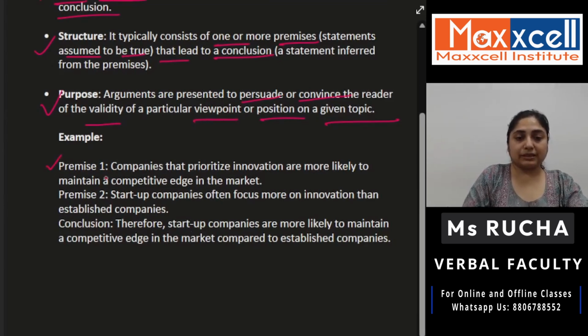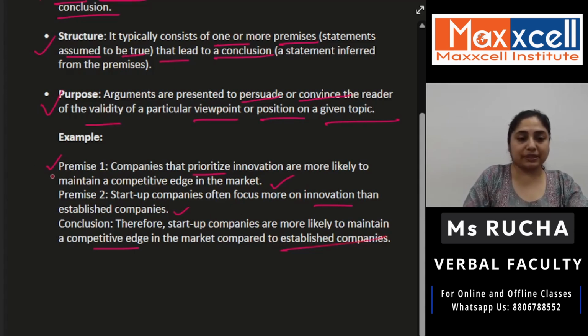Premise 1 is companies that prioritize innovation are more likely to maintain a competitive edge in the market. Second, startup companies often focus more on innovation than established companies. Therefore, startup companies are more likely to maintain a competitive edge in the market compared to established companies.